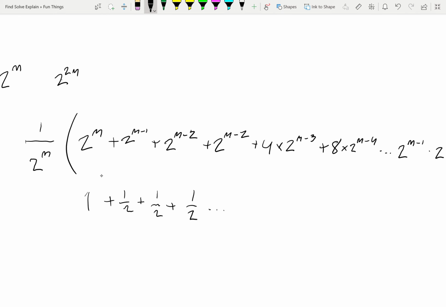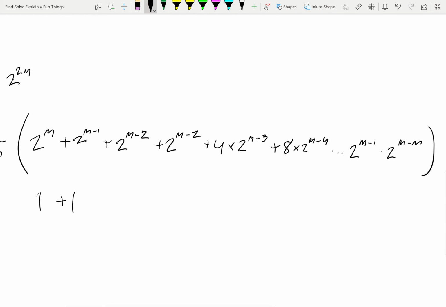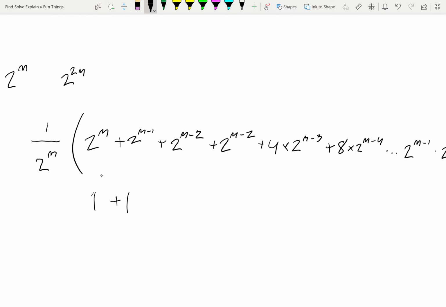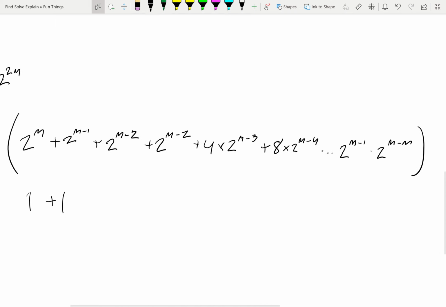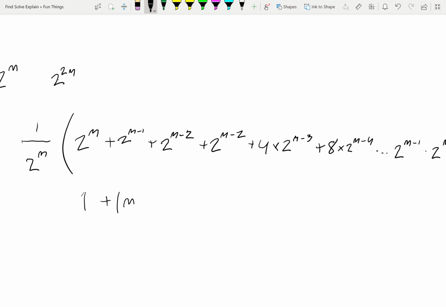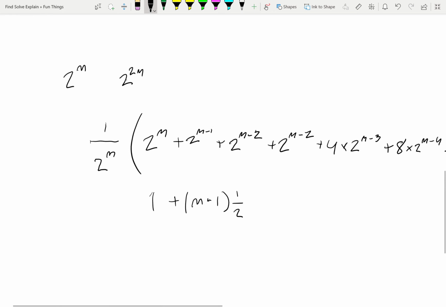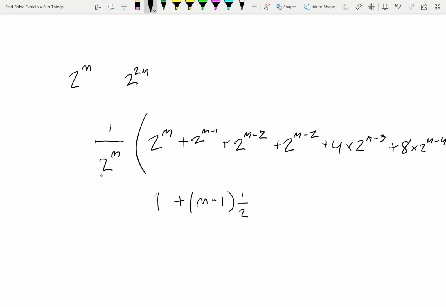In other words, we can also write this as the difference between m minus 1 and m minus m, which is the difference between minus 1 and minus m, which is m minus 1 halves. And it should be fairly obvious, if we replace m with 2m here, this will grow.